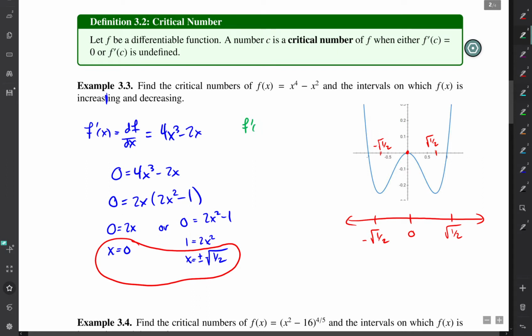F prime of, let's say, -1. You'll get 4 times -1 cubed minus 2 times -1, which is -4 plus 2, which is -2, so it's less than 0. So we know the function is decreasing over here.